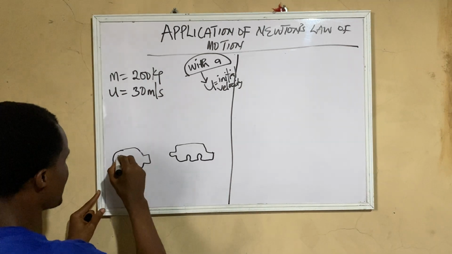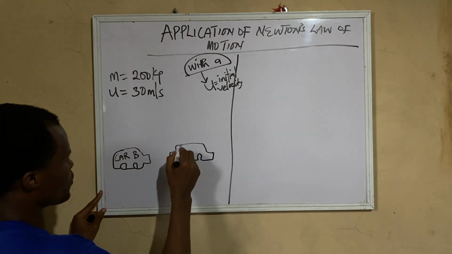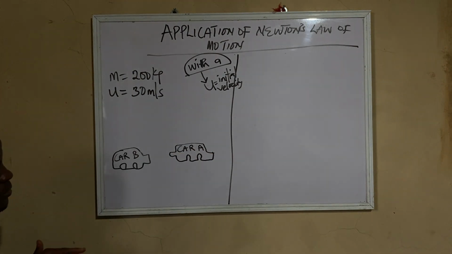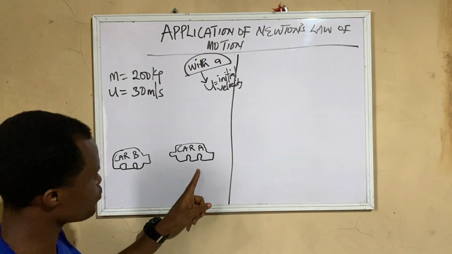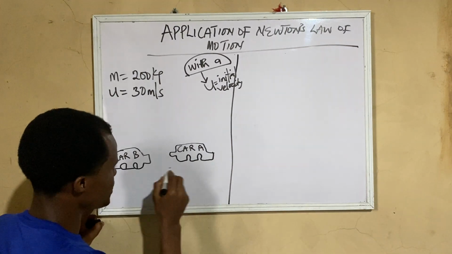So we have car A and car B. Car A is moving with an initial velocity of 20 meters per second.